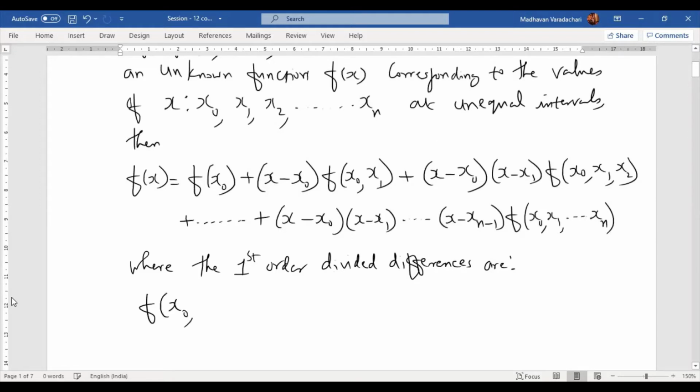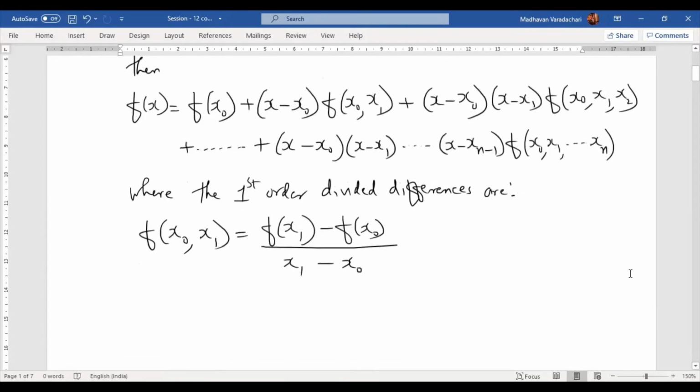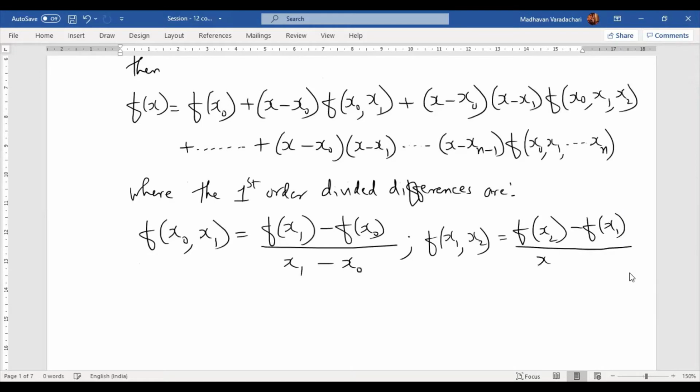f of x naught comma x1, that is defined as f of x1 minus f of x naught divided by x1 minus x naught. Suppose if we want f of x1 x2, then it is f of x2 minus f of x1 divided by x2 minus x1.